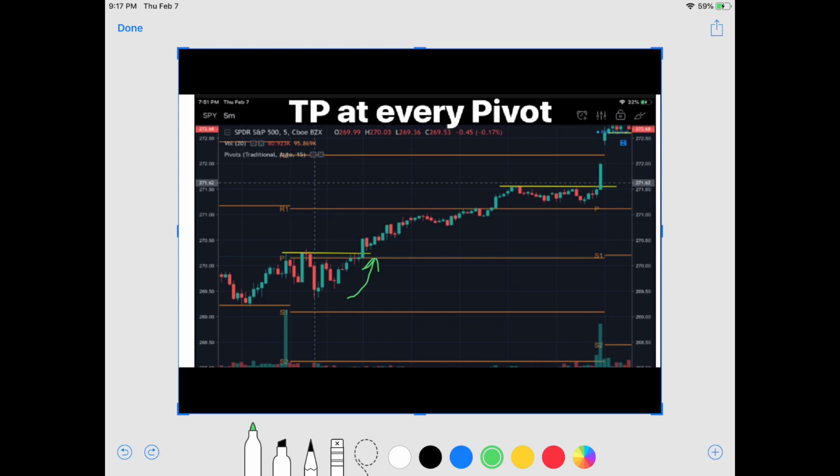Now, I personally like to take profits halfway and then re-enter and then take profits again right there. And if I know that it's going to R1, like without a shadow of a doubt, I like to unload. I'll do 10 contracts.